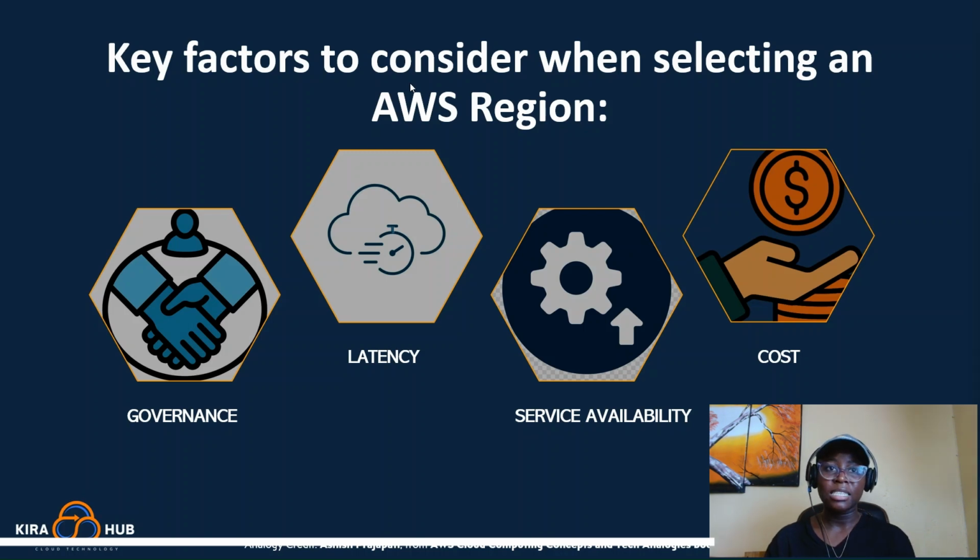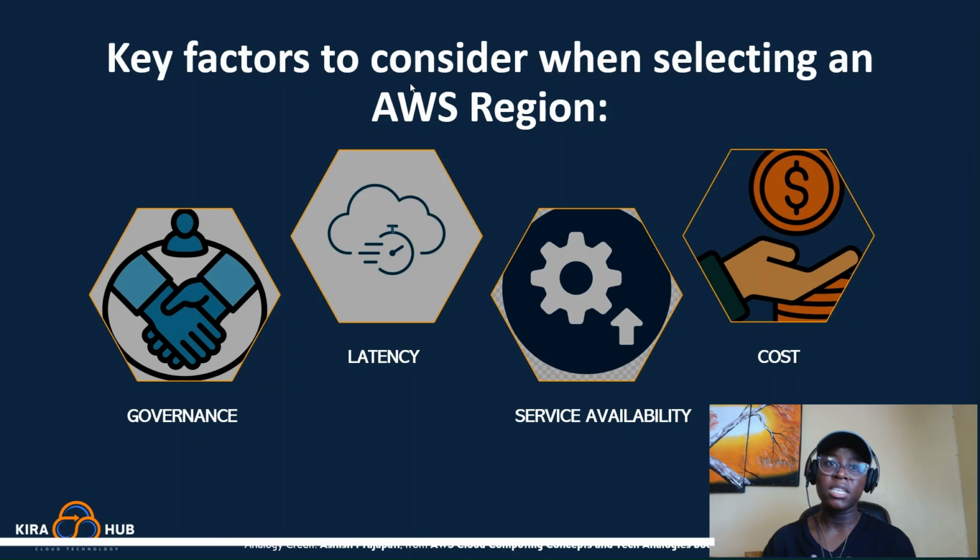Next thing is latency, and this has to do with close proximity to customers. You want to launch your resources nearer to your customers because close proximity means better performance and very low latency.